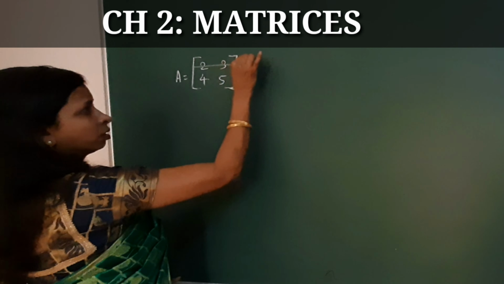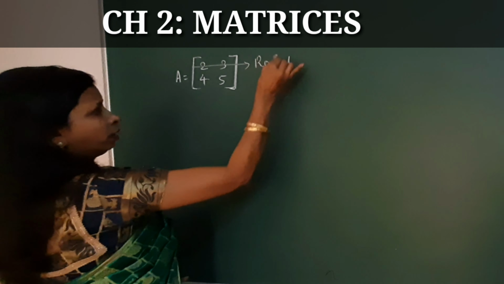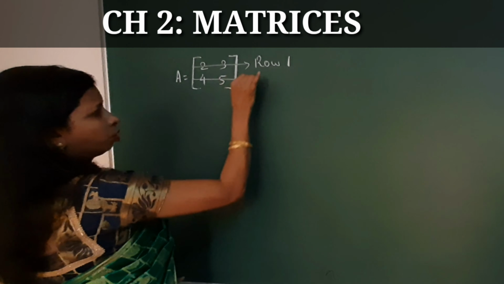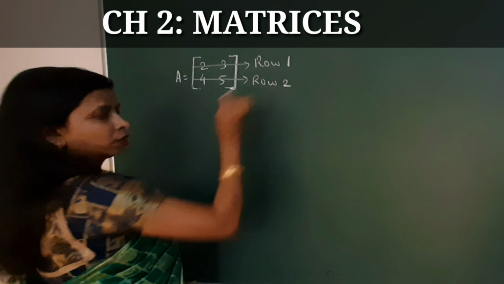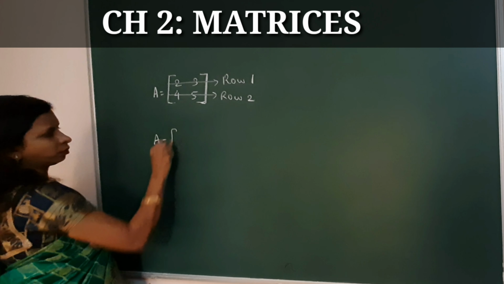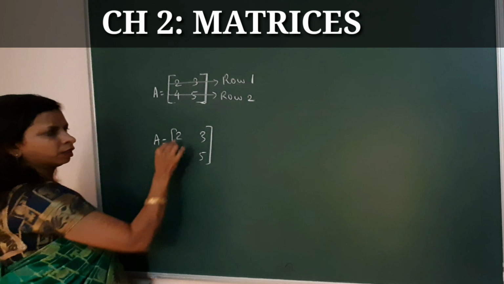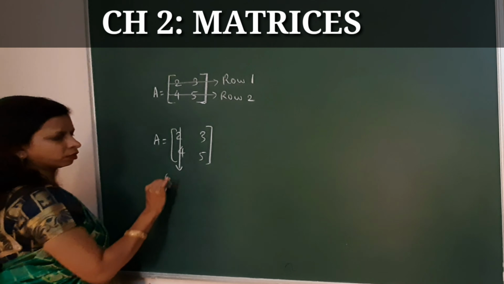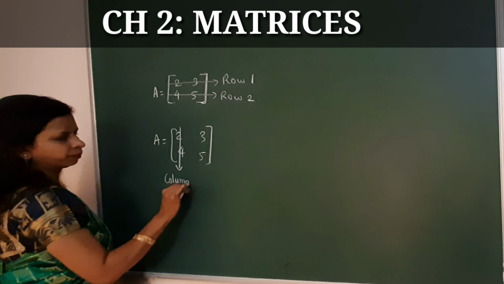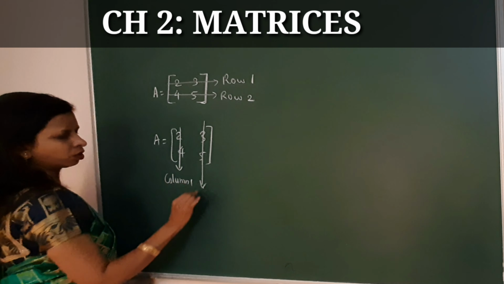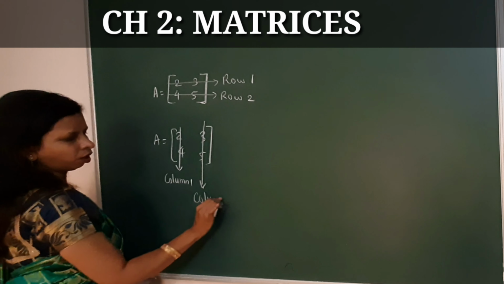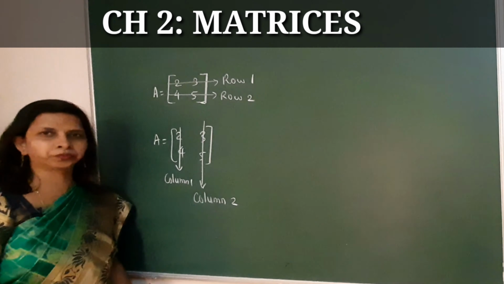This is row 1 and this is your row 2. Similarly, this denotes my column 1 and this denotes my column 2.